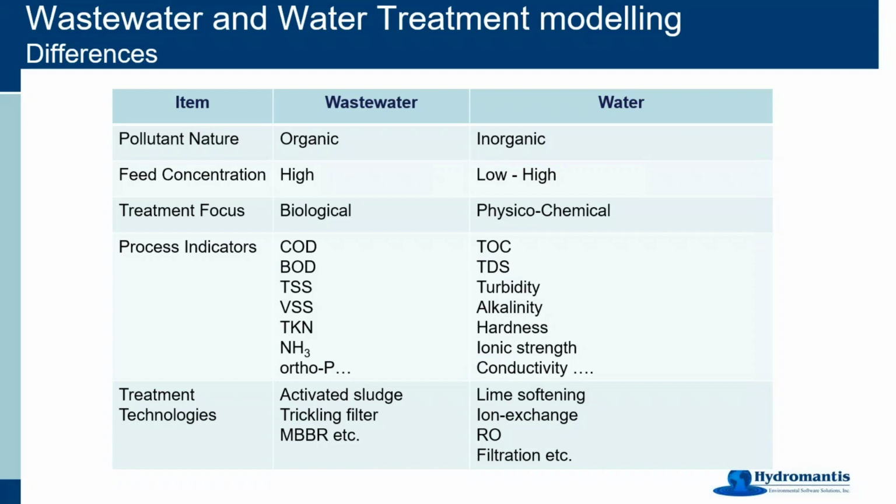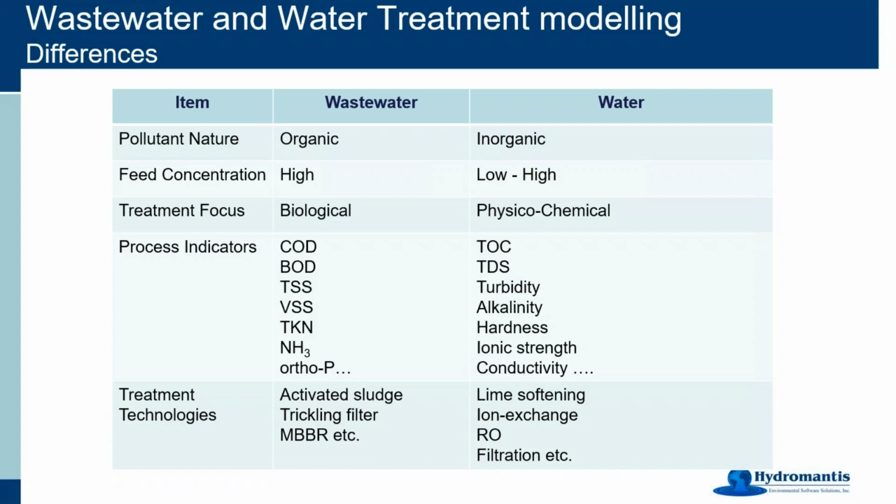Some of the process indicators that wastewater engineers are familiar with are COD, BOD, and TSS. The treatment technologies are focused mostly on the biological side, and typically you will see activated sludge processes, trickling filters, and MBBR reactors, and several variations of these technologies.